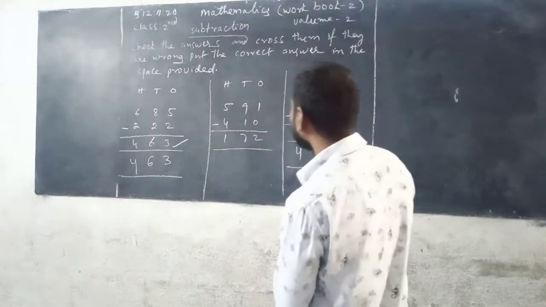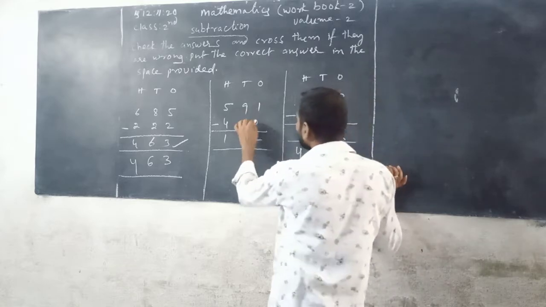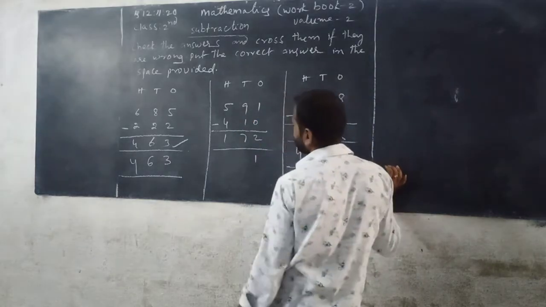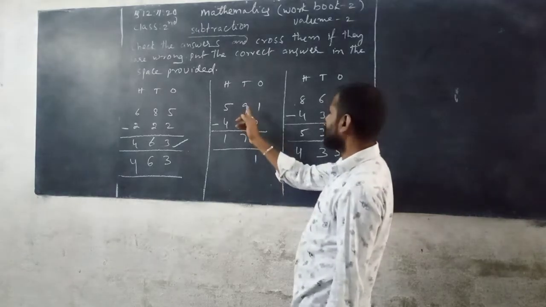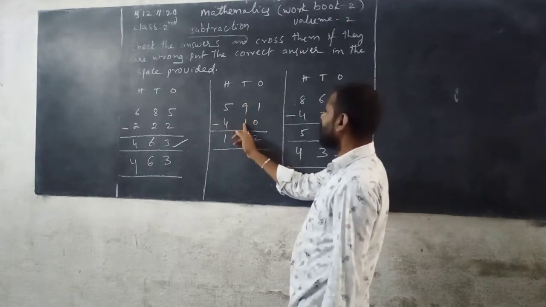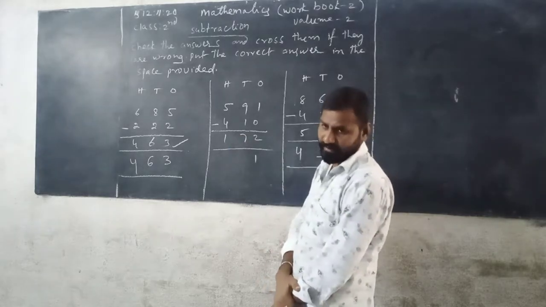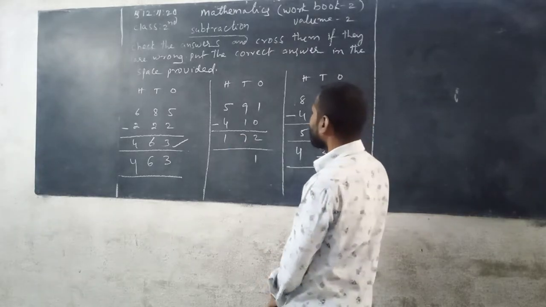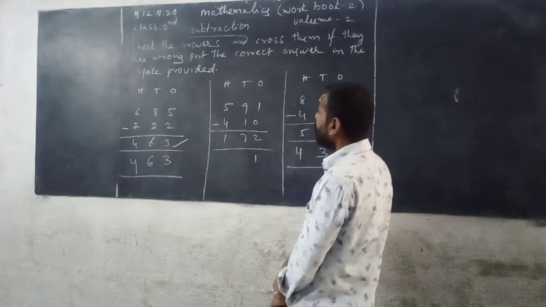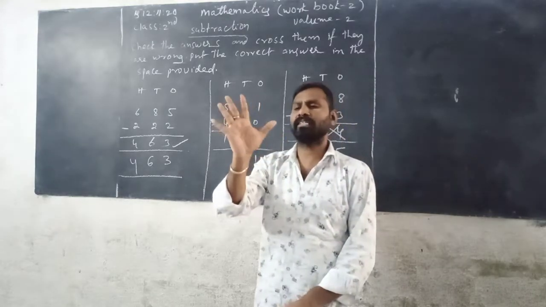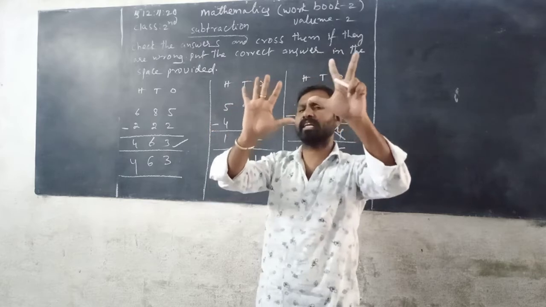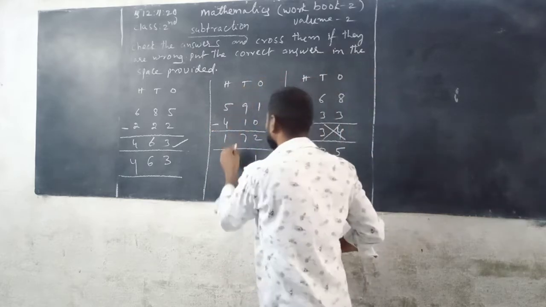First subtract the digits in ones place. 1 minus 0, you can get 1. But here 2 is given. This is wrong. Next, 9 minus 1, you can get 8, not 7. You can count 1 after to reach 9: 1 after 2, 3, 4, 5, 6, 7, 8, 9. So you can get 8. Write it down in the tens column.